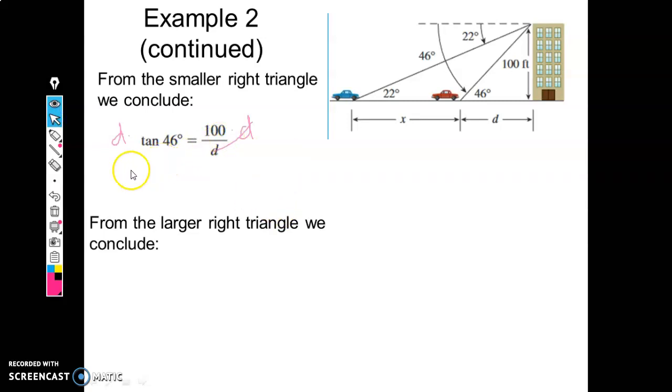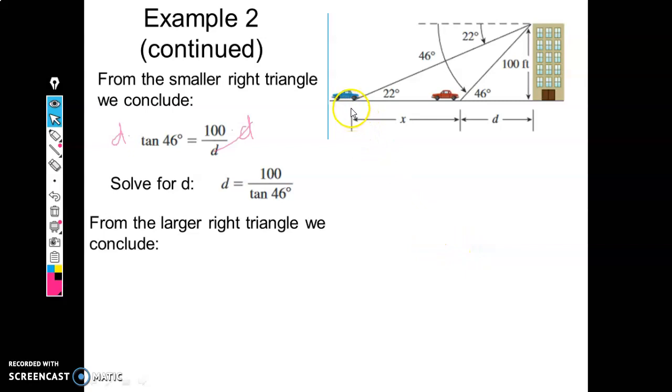Then you divide both sides by tangent, so you have 100 over tangent of 46. You might think to put that in the calculator, but for accuracy's sake, we're not going to put that in the calculator yet. We will do that when we calculate our final answer. So this does represent some number.